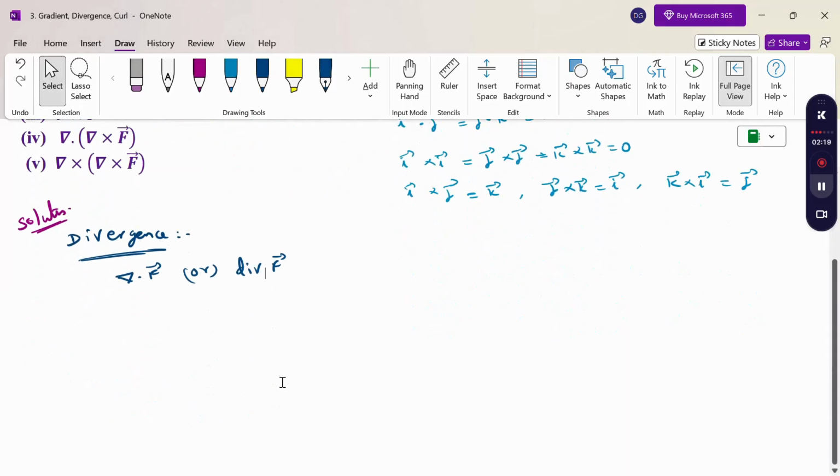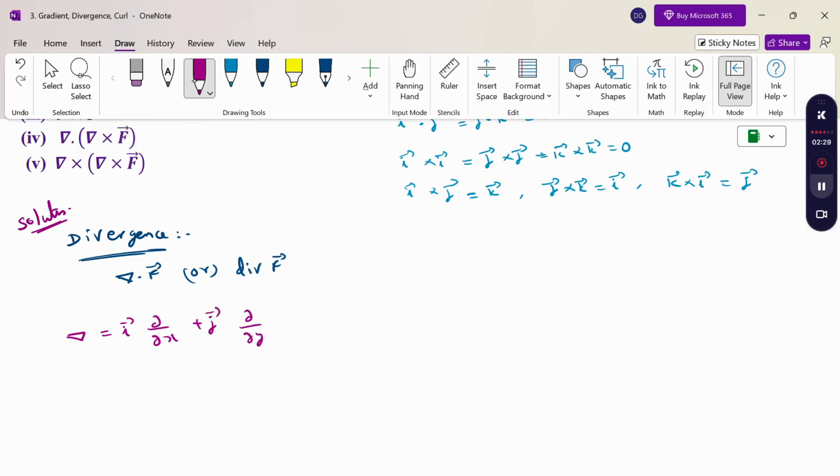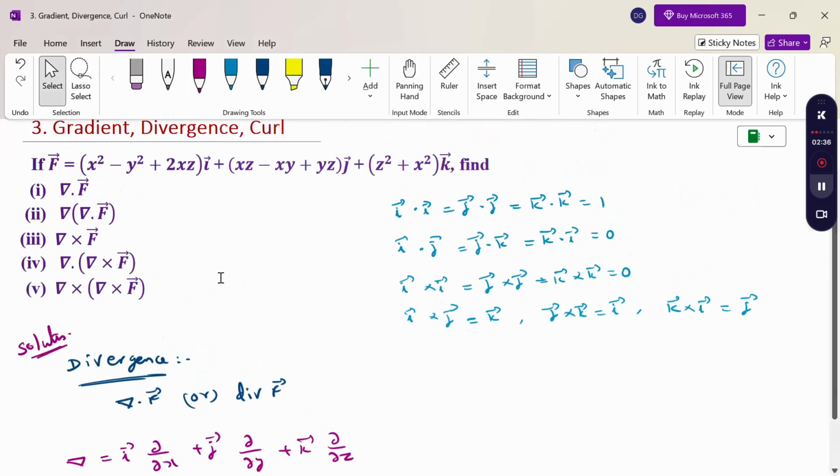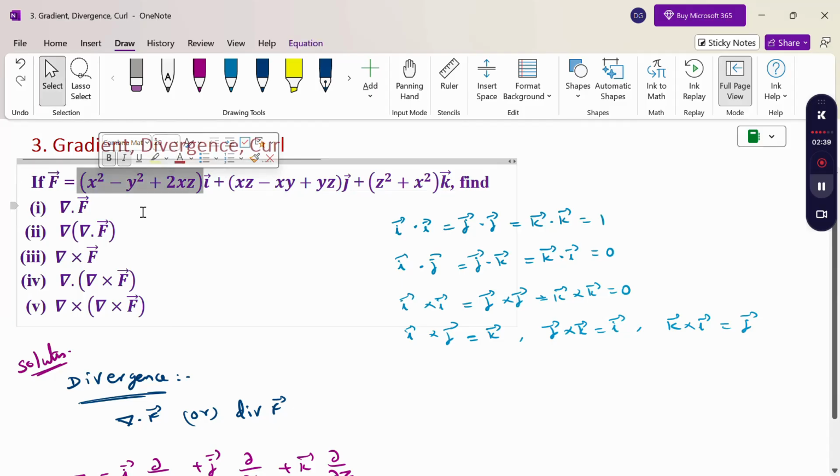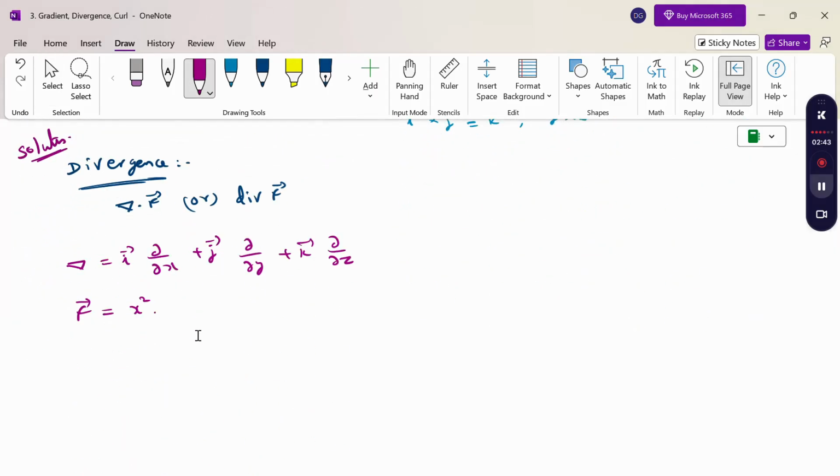Now del is i vector dou by dou x, j vector dou by dou y, k vector dou by dou z, and f vector is given in the problem: x square minus y square plus 2xz i vector plus xz minus xy plus yz j vector plus z square plus x square k vector.